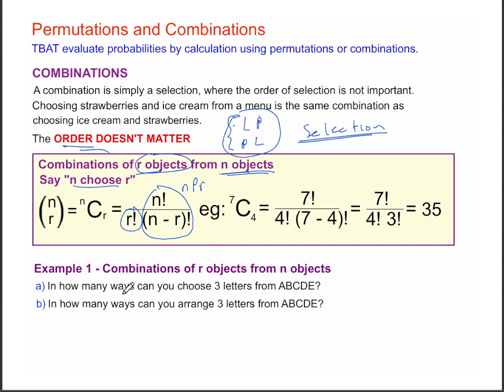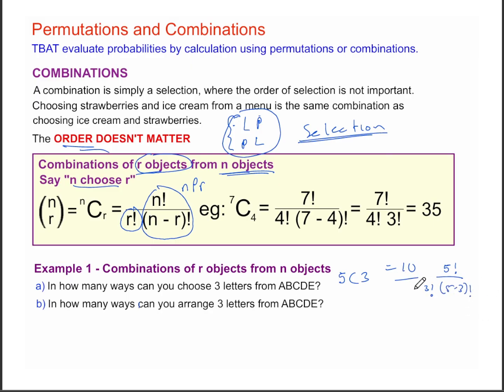And so we can look at an example where we are differentiating the two, where we have in A, how many ways can you choose 3 letters from A, B, C, D, E? So there are 5 objects and we are choosing 3, which gives us a total of 10, which you can also do in this formula where you have 5 factorial over 3 factorial times (5 minus 3) factorial.